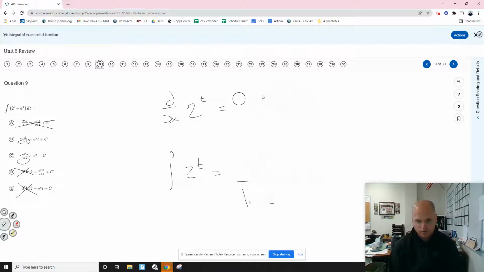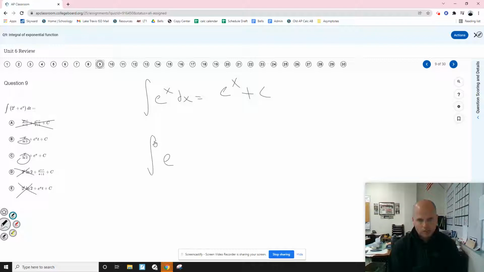It's a good, tricky question. The antiderivative of e to the x is e to the x. Yes, you are correct. What's the antiderivative of e? Well, it's just like the antiderivative of 5. The antiderivative of 5 is 5x.